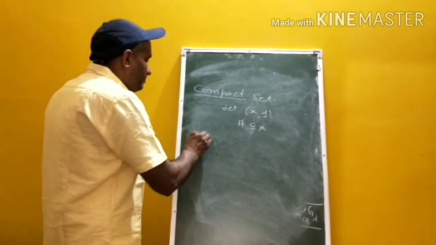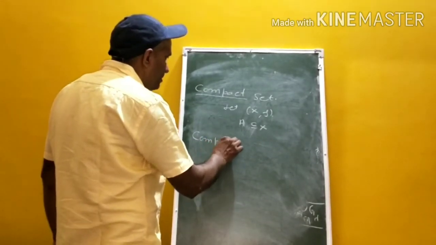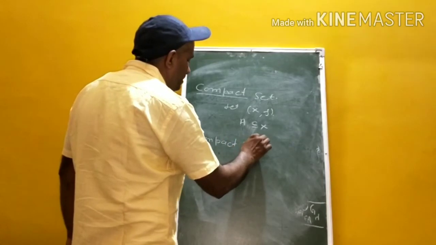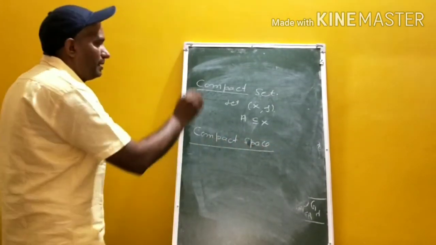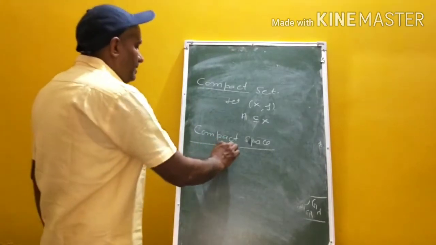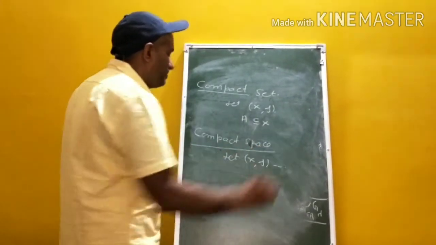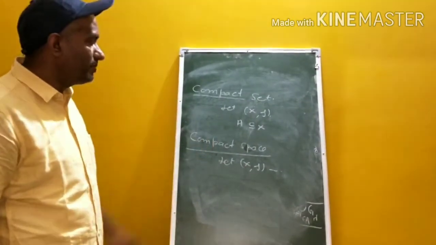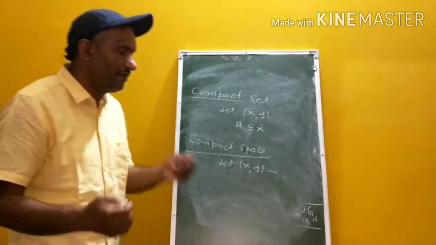Now we define a compact space. Let X be a topological space. The space X is said to be compact if every open cover of X has a finite subcover.